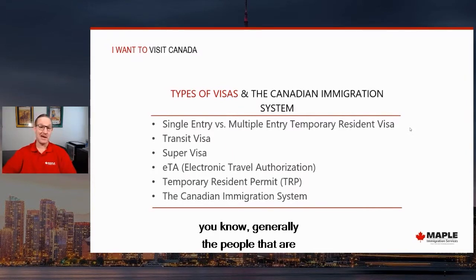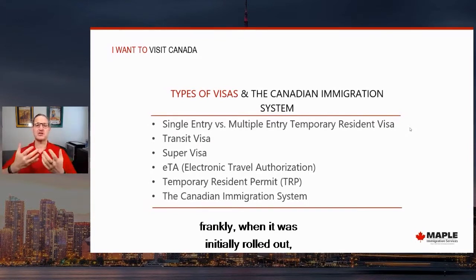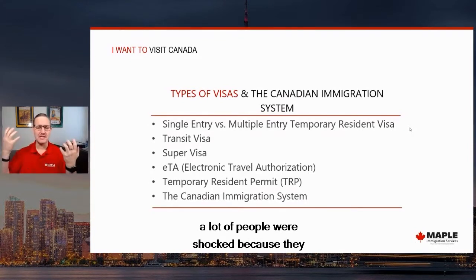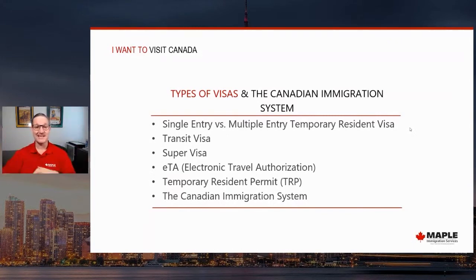Generally the people that are backlogged are voters. And maybe they wanted to do something to bring in mom and dad. And so, super visa, it's super. It's not really super. And quite frankly, when it was initially rolled out, a lot of people were shocked because they went through all this stuff and they were getting 6-month stamps in their passport, because that's determined by the border officer when they come in. Anyways, we'll just leave it at that.